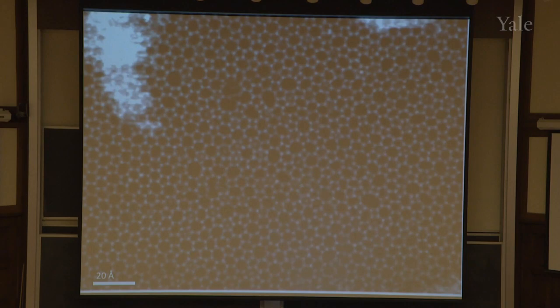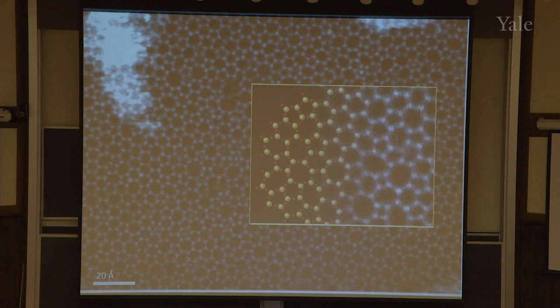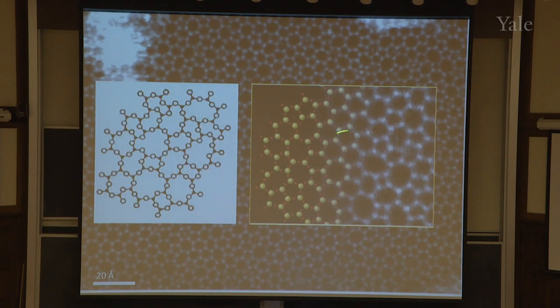This is silicon oxide in 2-dimensional form, and you can see there's no order in here. Atoms are randomly arranged. If you zoom in, this is how it looks, and it's very similar to the amorphous structure that I just showed you.